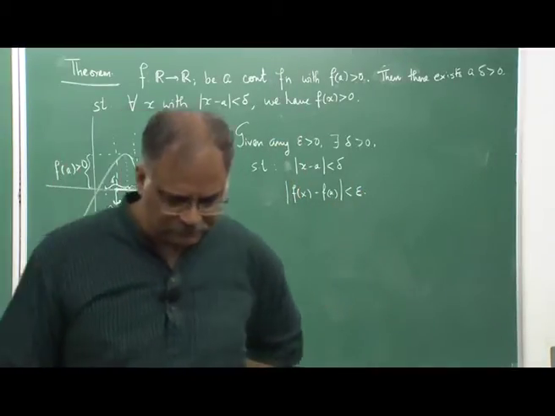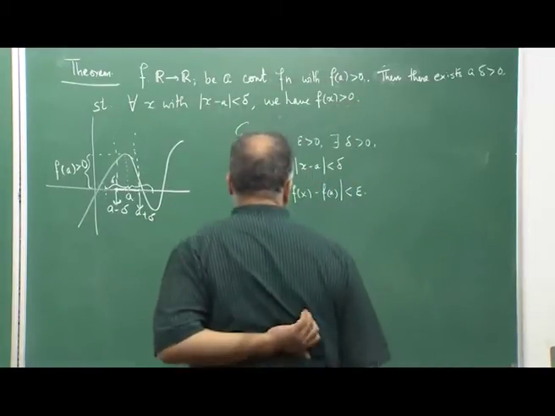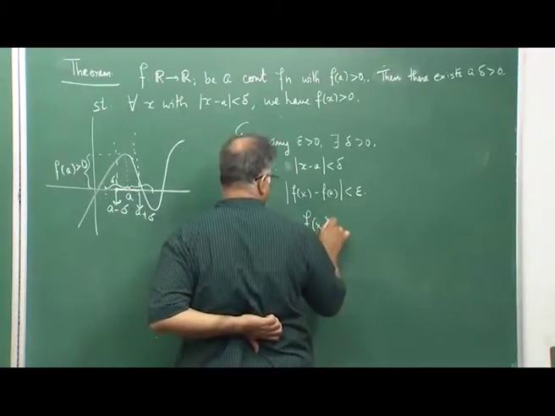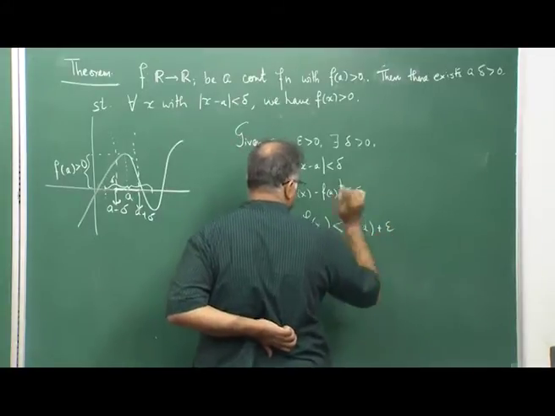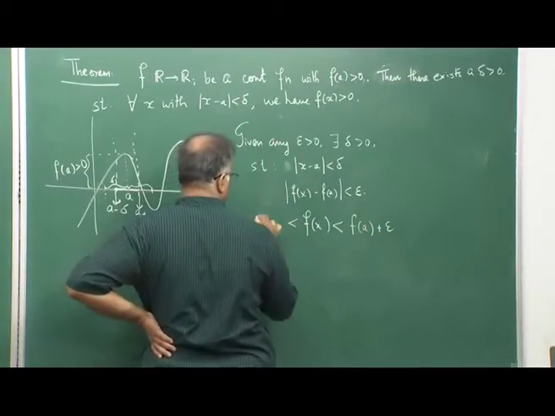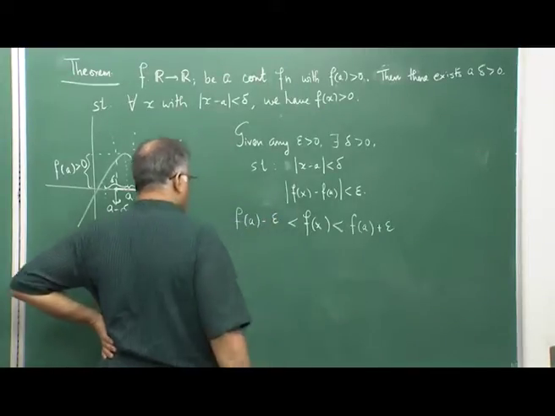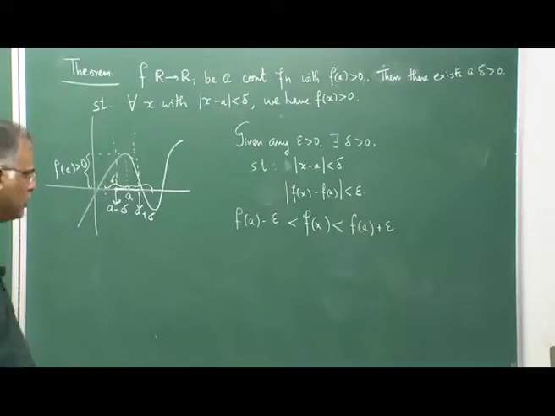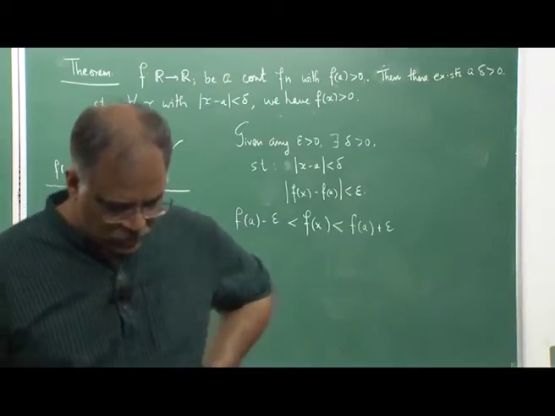Okay. So, I can just open this up a bit and write it in this form. f(x) is lying between f(a) minus epsilon and f(a) plus epsilon. Okay.